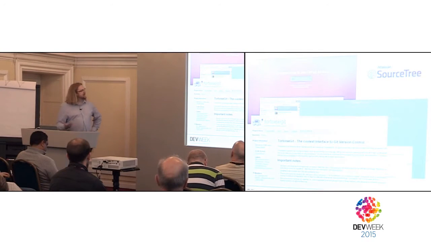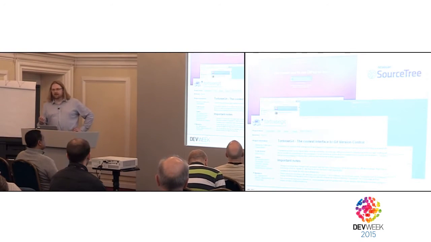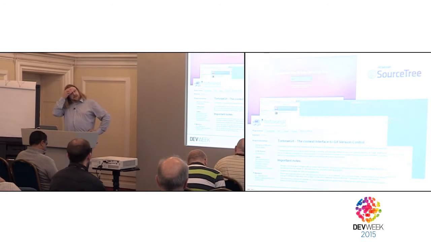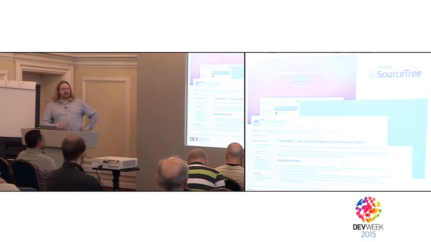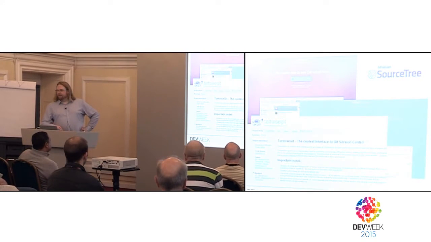My personal favorite is Atlassian Source Tree. I think it's a really good product, and it's free. But yes, 99% of the things I will do from the command line. There are a few things that I'll do from a GUI because they're just easier. But it's worthwhile knowing what's actually happening under the hood in the first place.